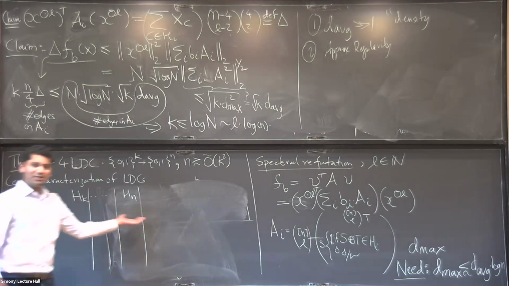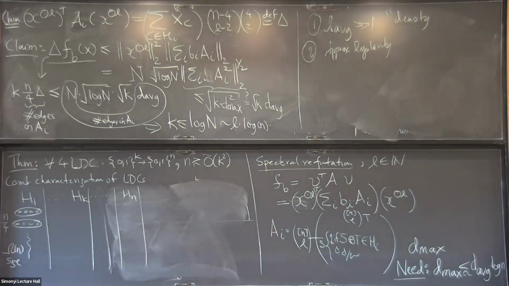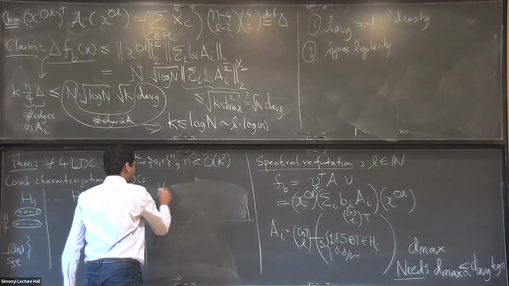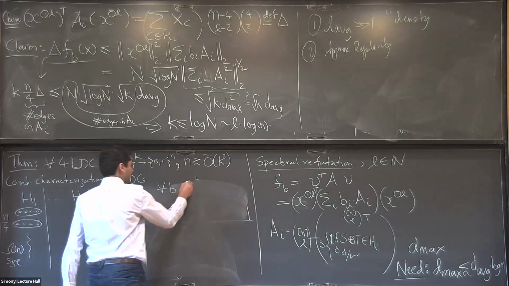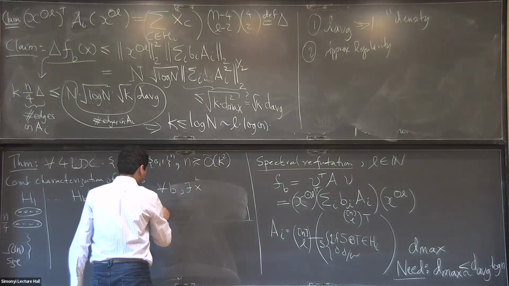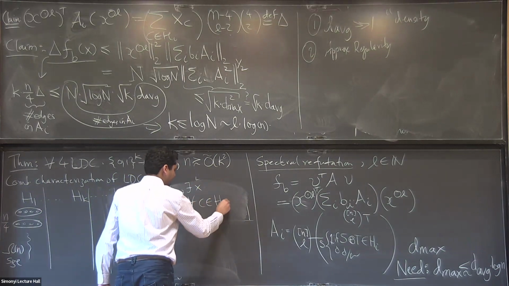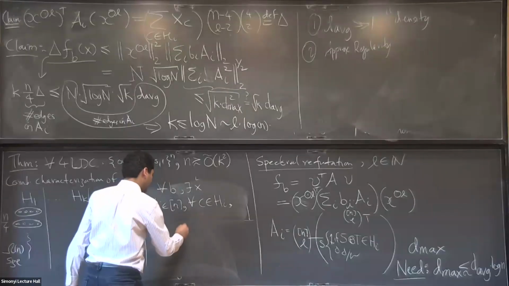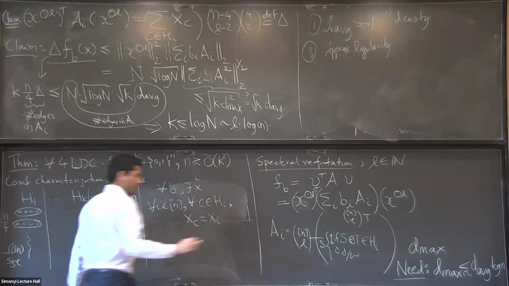And now, I can do the same trick I did on you earlier. I can write down that the equations for local correction succeed. This is going to be a formula, okay? So I'm going to write down that for every B, every message, there exists an X such that for every i, for every C in the correction set H for the ith bit of the code word, X sub C equals X sub i.